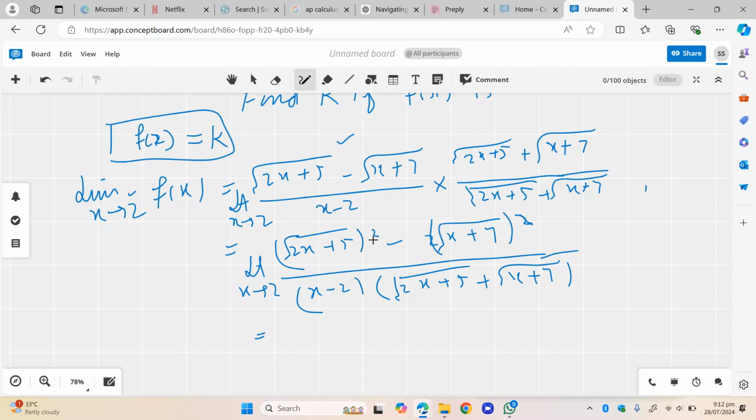The square can cancel out the square root, so it will be 2x plus 5, and the minus will be applied on x plus 7, so minus x minus 7. The limit will keep going until we plug in x equal to 2. So it will be x minus 2 times the square root of 2x plus 5 plus the square root of x plus 7.